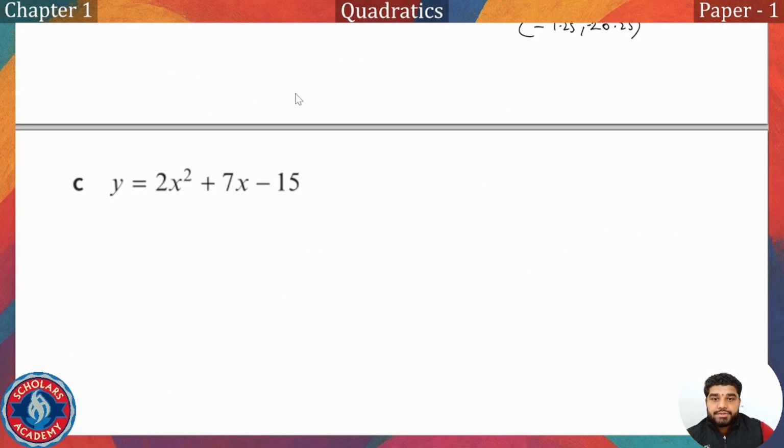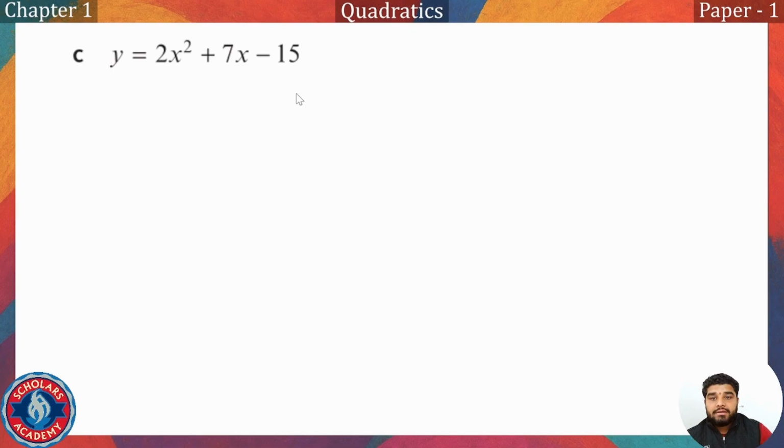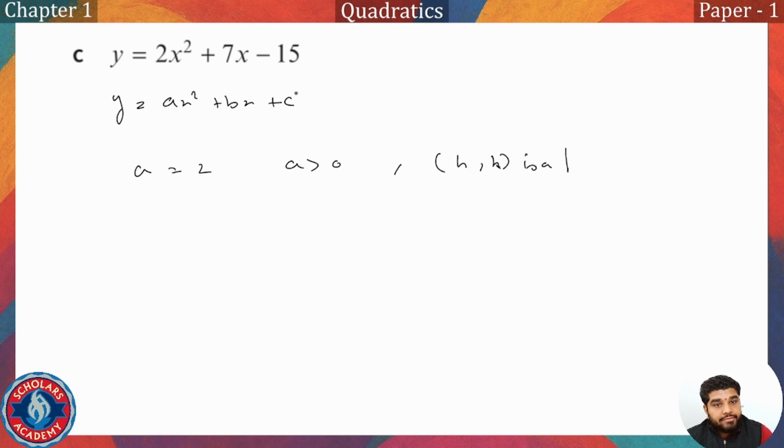Let's move to the next question. All right, comparing it with the general equation y is equal to ax square plus bx plus c, we get a is equal to 2. a is greater than 0. It means the point of vertex h comma k is a point of what?